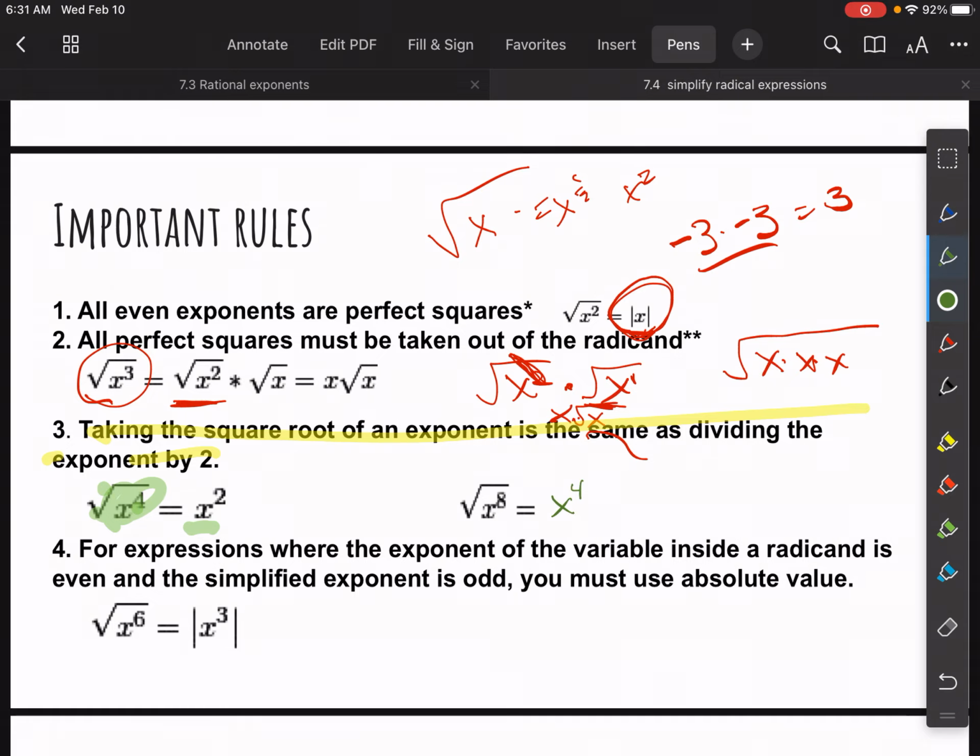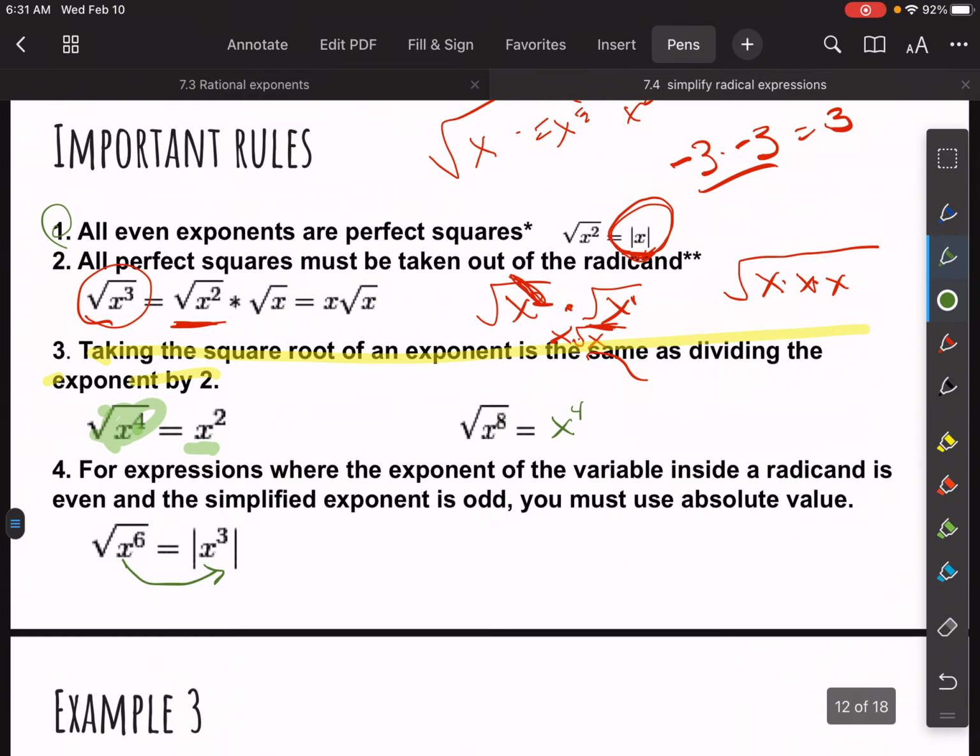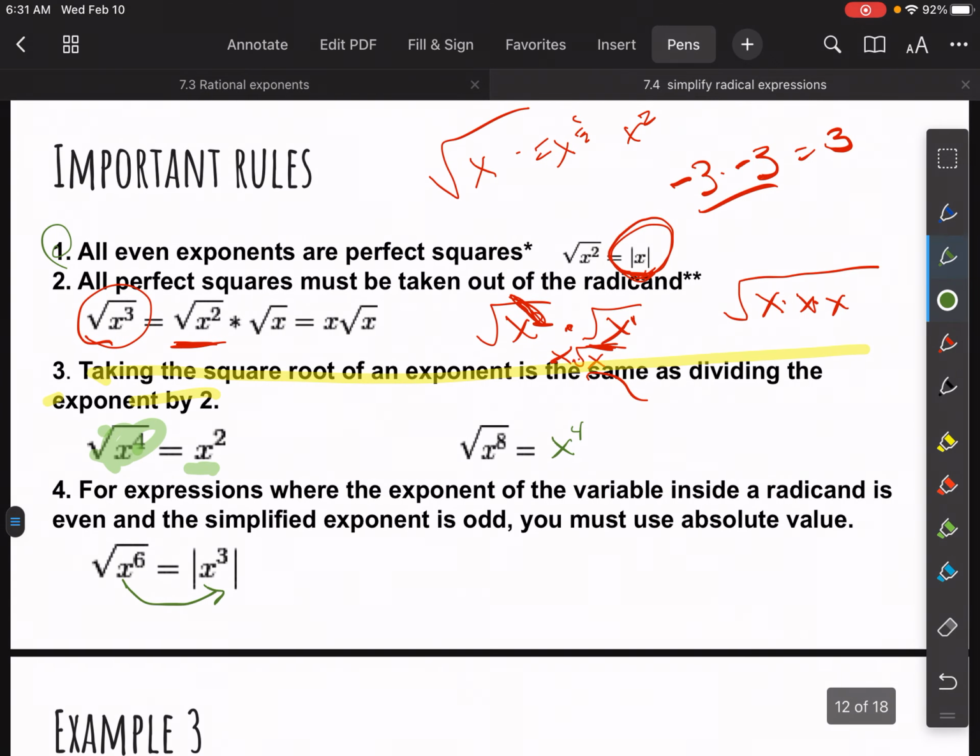Now, the final piece here, and I know this is a lot to take in at once, is for expressions where the exponent of the variable inside a radicand is even and you get a simplified odd, you must use an absolute value sign because of number 1, the rule that we talked about. If I plug a negative number into that, it could be negative or positive.